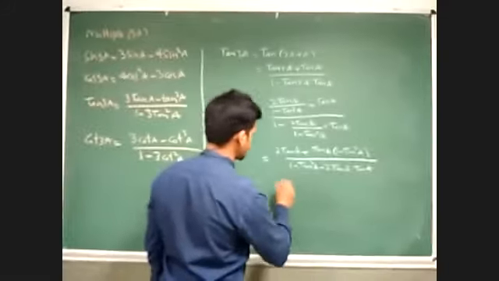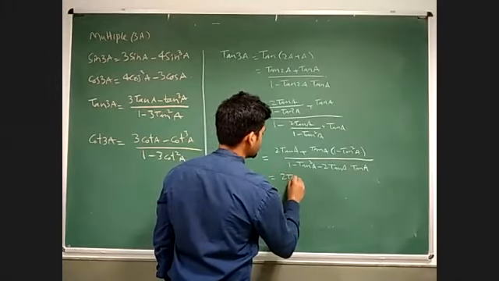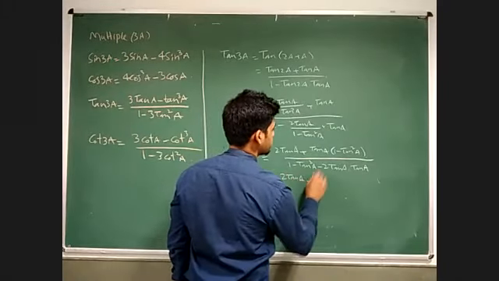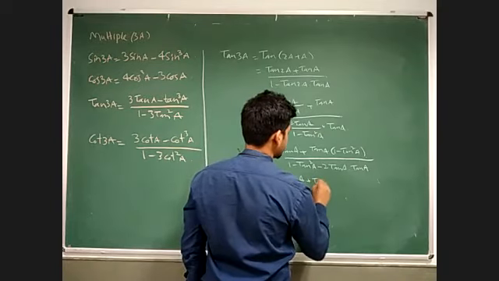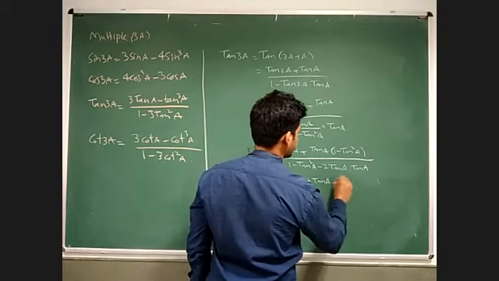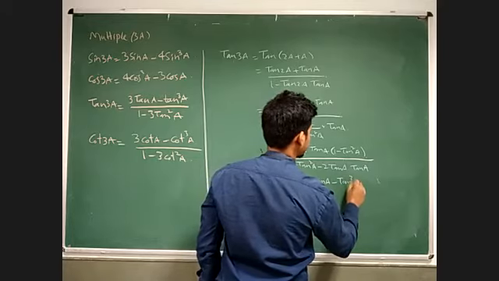So you can see here 2 tan A, just multiply, tan A minus tan cube A.